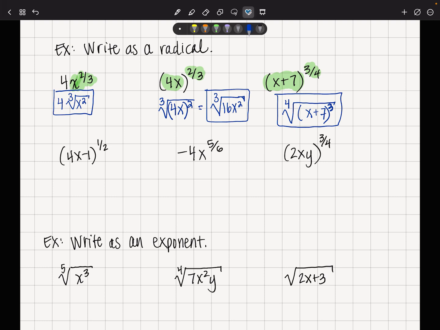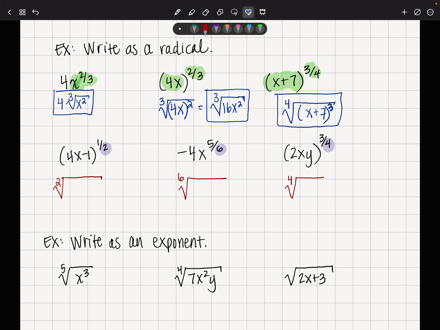Let's try some more. Now, if you were a little bit skeptical of that, I'm going to highlight the denominators in purple because remember, that was our index. So our index is the square root, which we don't have to show. Our index here on this next one is the 6th root, and our index here is the 4th root.